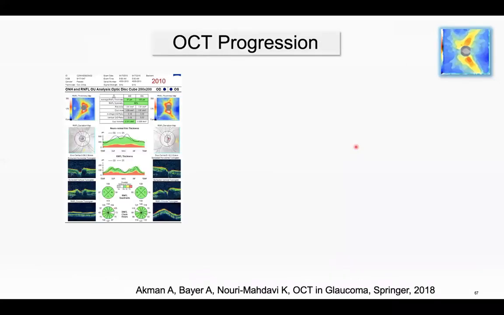This is another interesting patient, and I want to stress this patient a lot. She was a 65-year-old lady diagnosed as a glaucoma suspect in 2010. Her IOP was 32 in both eyes. Medical treatment was started and followed until 2013. Her IOP remained around 23 in the right eye and 18 in the left eye.